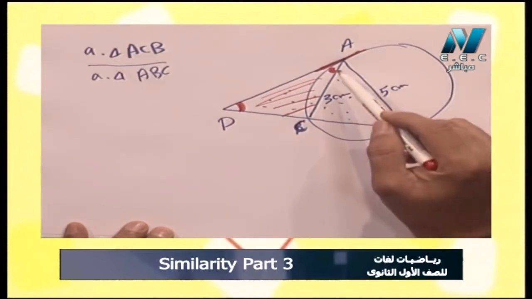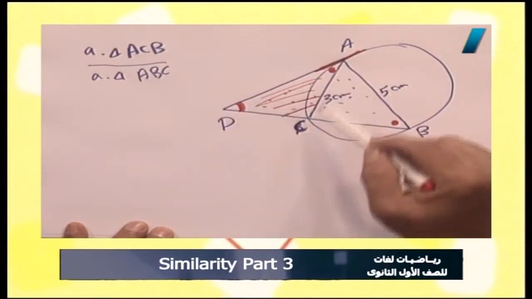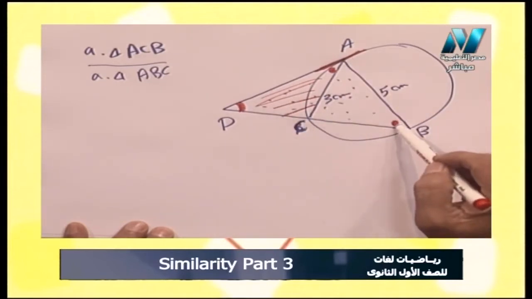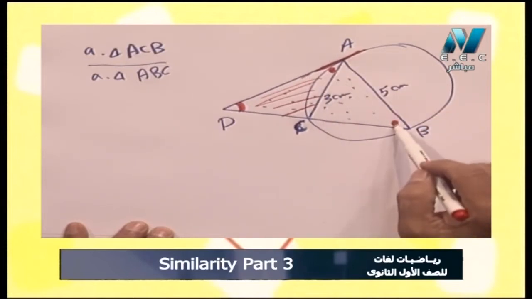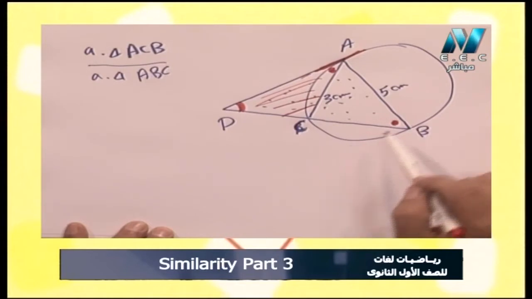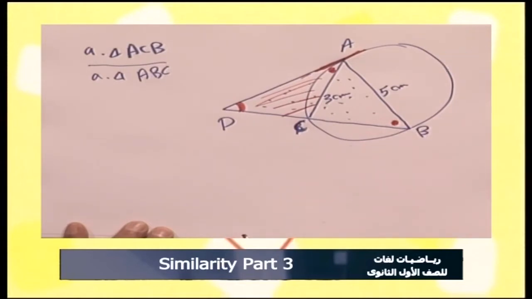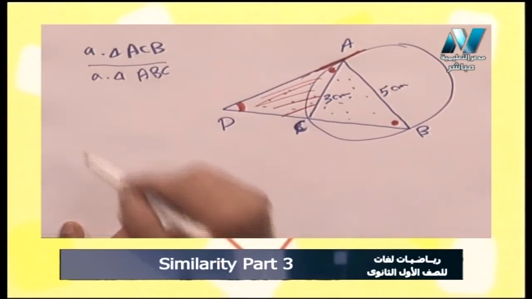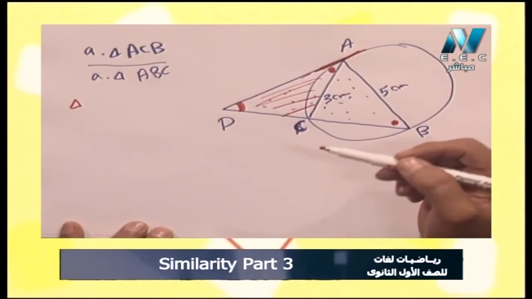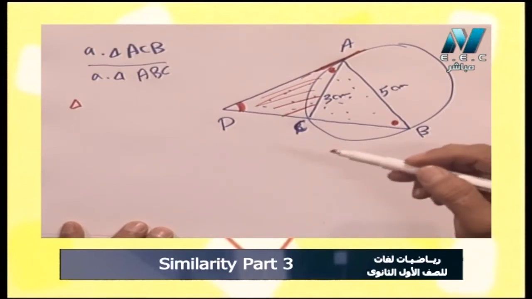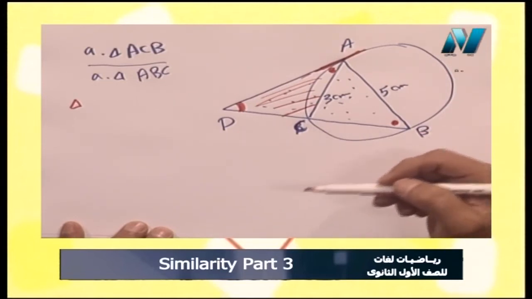And we have another angle, which is DAC, equal to the measure of angle B, because this is a tangent and this is the angle of tangency, and this one is an inscribed angle in the opposite side. So we can easily deduce that triangle... We try to write it correspondingly.